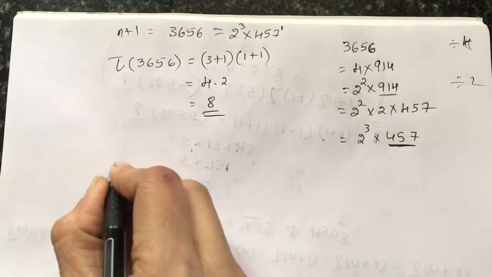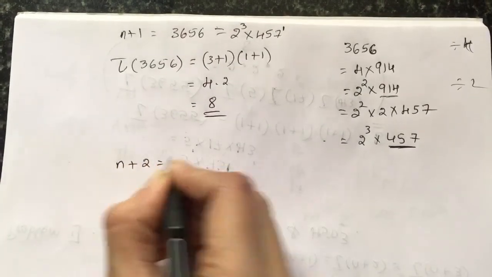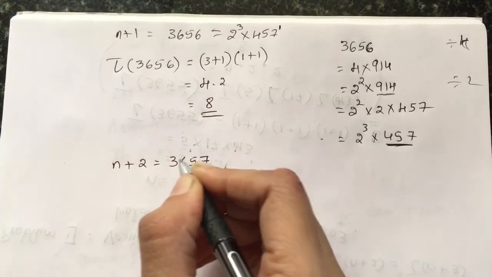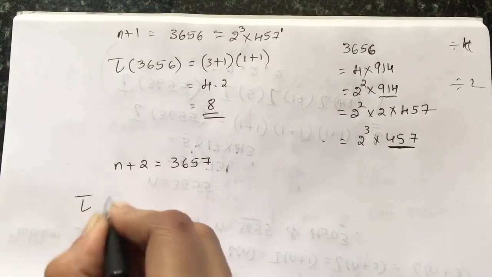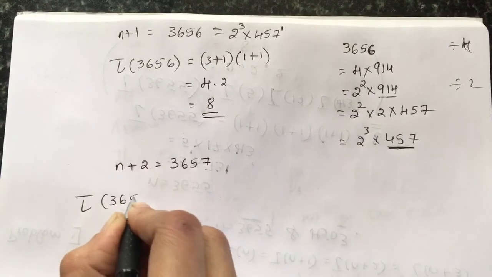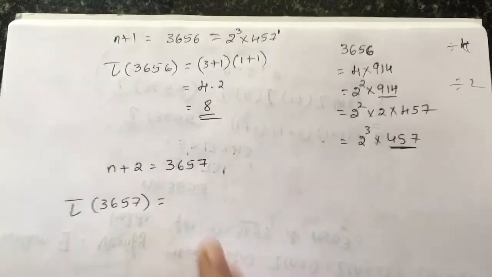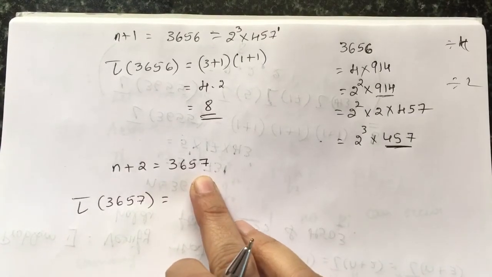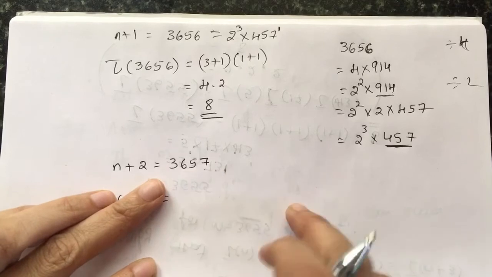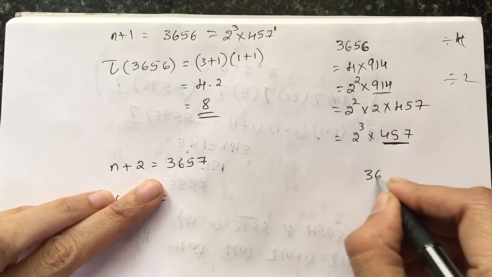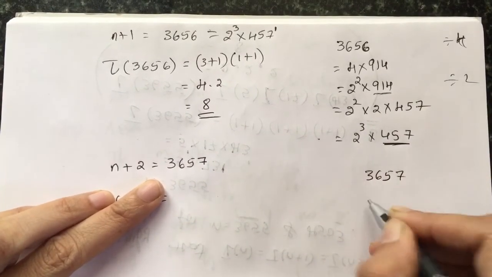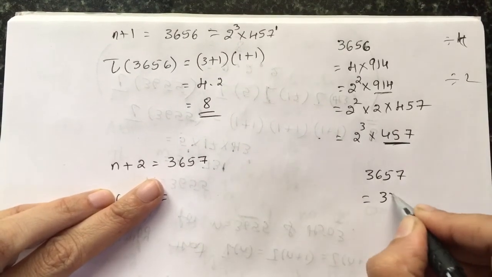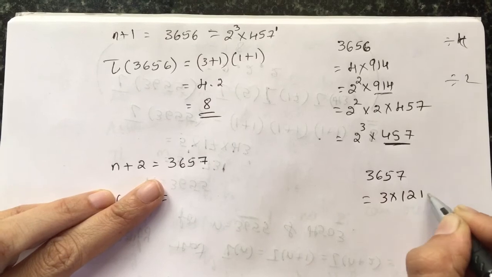Now we'll take n plus 2, it's 3657. So I have to calculate tau of this number. Since it's ending with 7, I'll just divide it by 3 first. So it's 3 into 1219.